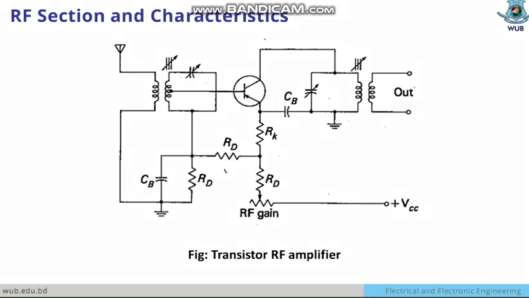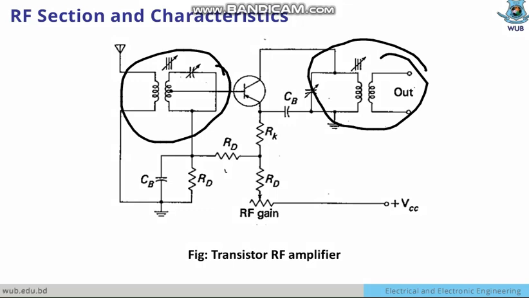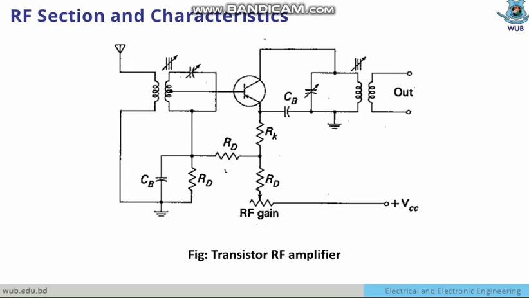Here is the tank circuit, and that is also a tank circuit. So both tank circuits are on the active sides. And how can we say it's a tank circuit? Either side has a capacitor and inductor, and that is the key feature of the tank circuit and the tuning part of this circuitry.